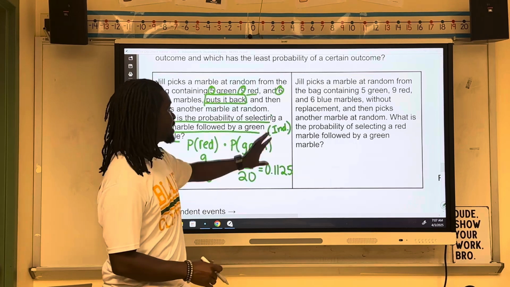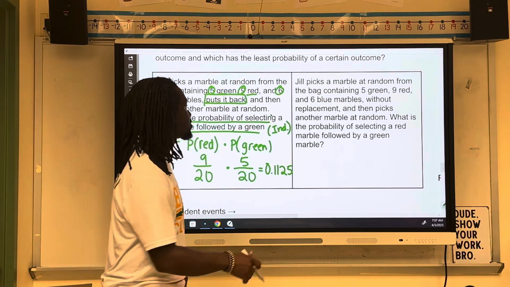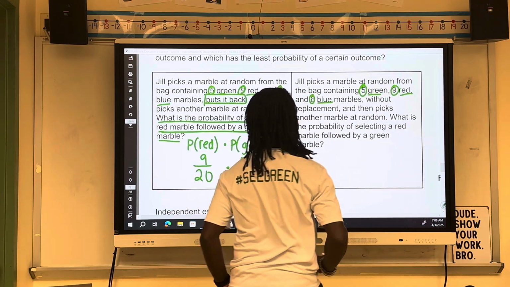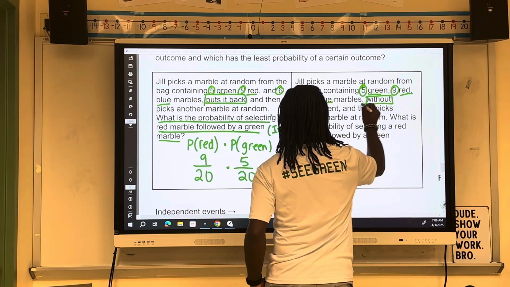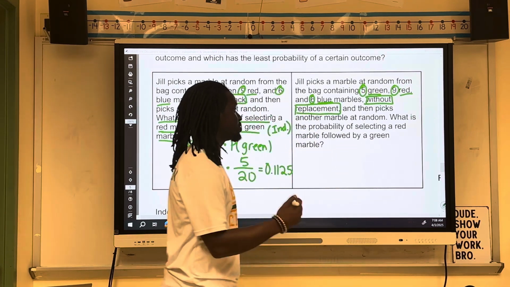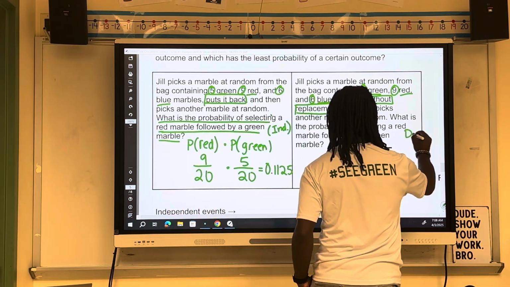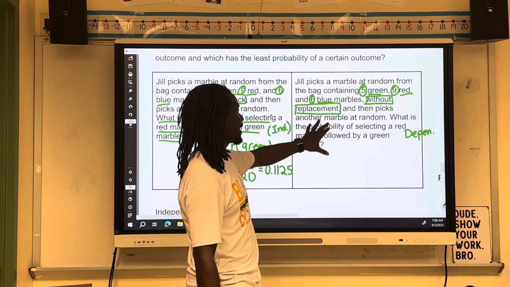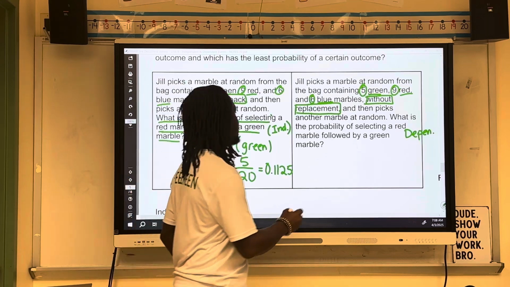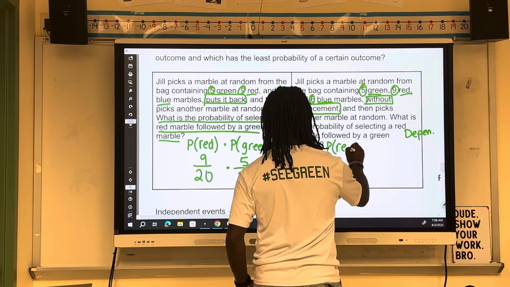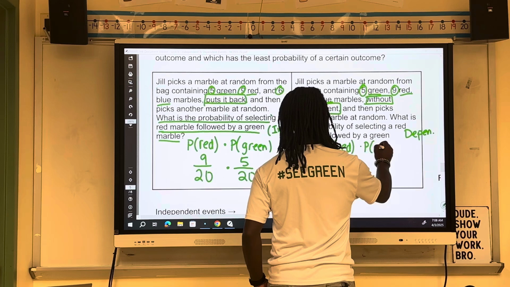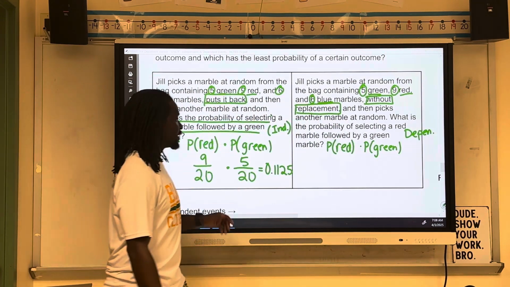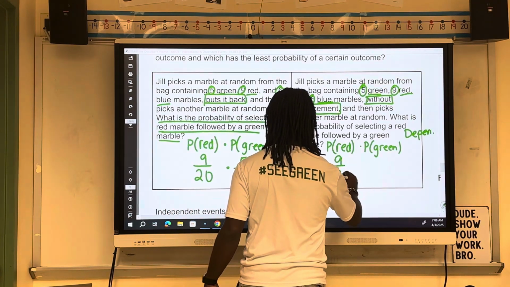Now, same scenario. She picks some marbles, still has 5 green, 9 red, 6 blue marbles, this time without replacement. That means she's not putting it back. Therefore, these are dependent events, because she did not put it back. Then she picks another marble. What's the probability of getting a red, and then the probability of the second one being a green? The probability of getting a red is still 9 out of 20.